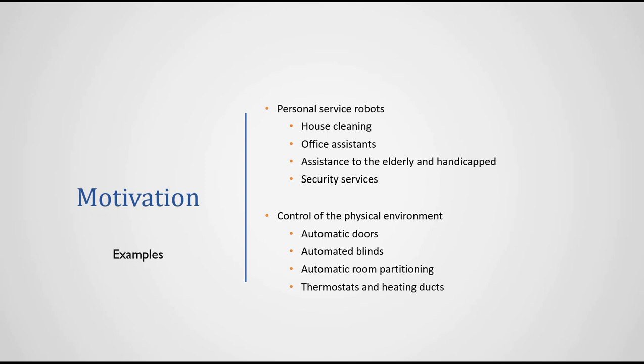Another example, as I mentioned, is the automatic door, automated planes, and also room partitions. There are many such examples nowadays. They are considered autonomous systems, and we need to know how to analyze and how to design such systems.